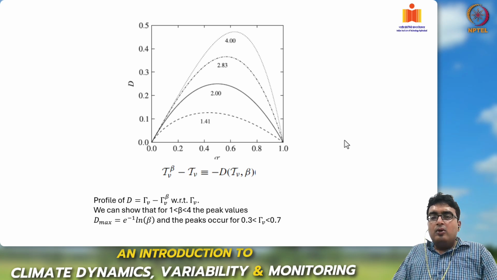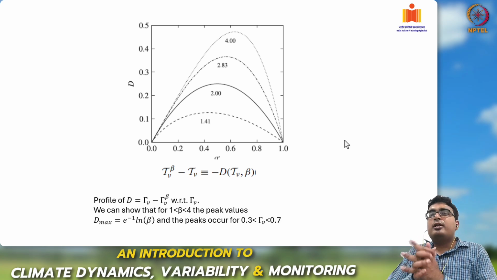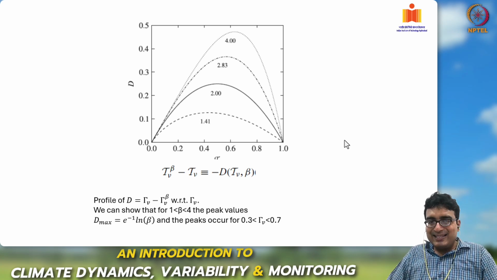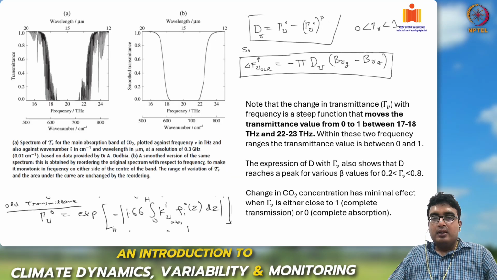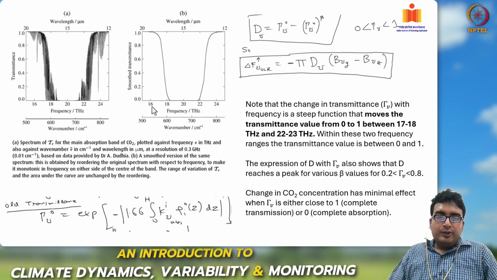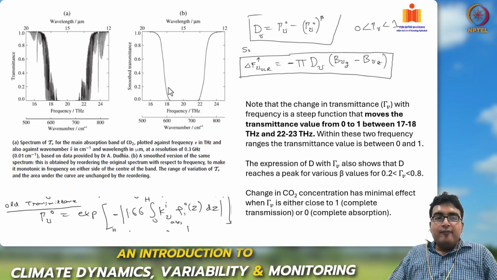So now we need to know the transmittance of the absorbing gases in order to evaluate these fractions. Here we have plotted the transmittance with respect to frequency and wavelength for the CO2 spectrum.